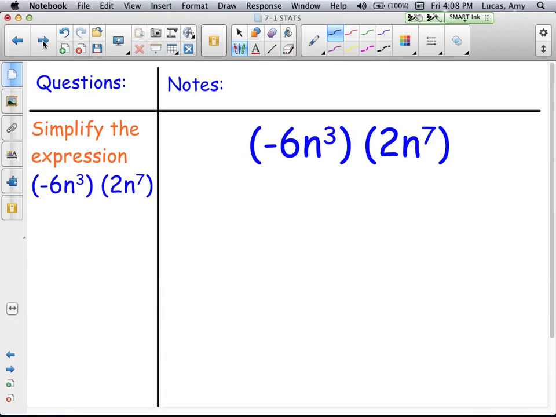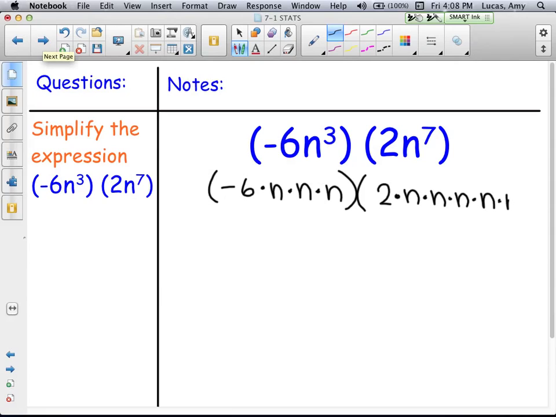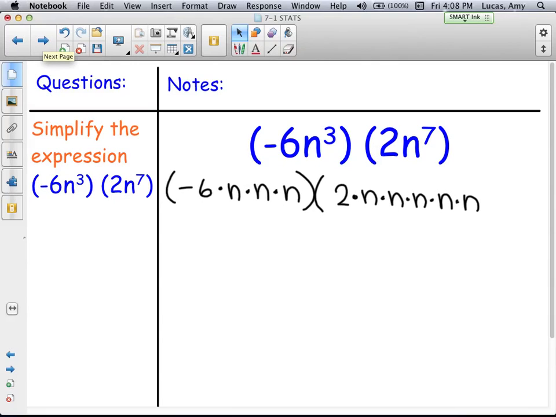This next one, I'm going to expand -6 times n to the third, and then I've got times 2 times n to the seventh. Now I'm going to do something a little different on this one.